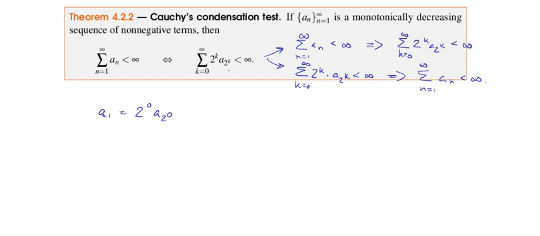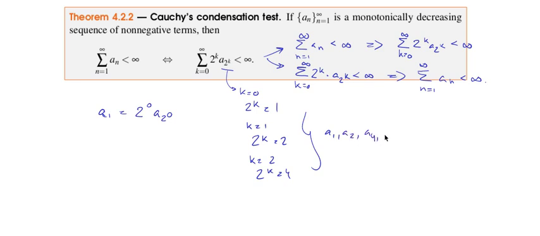So a sub 2 to the k means that 2 to the k is the index of these elements. When k equals 0, 2 to the k is 1. When k equals 1, 2 to the k is 2. When k equals 2, 2 to the k is 4. So we're just taking the terms in the sequence whose index is a power of 2. So we have a sub 1, a sub 2, a sub 4, a sub 8, a sub 16, a sub 32, and so on and so forth.